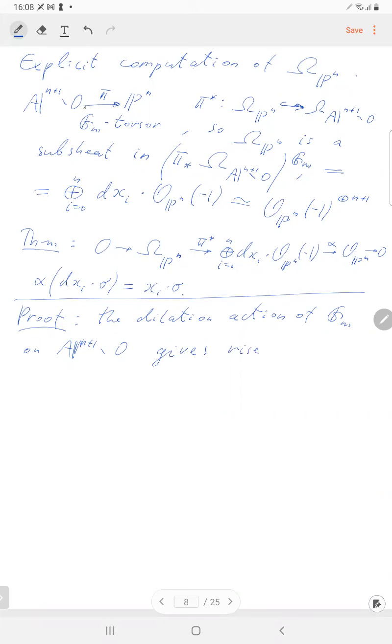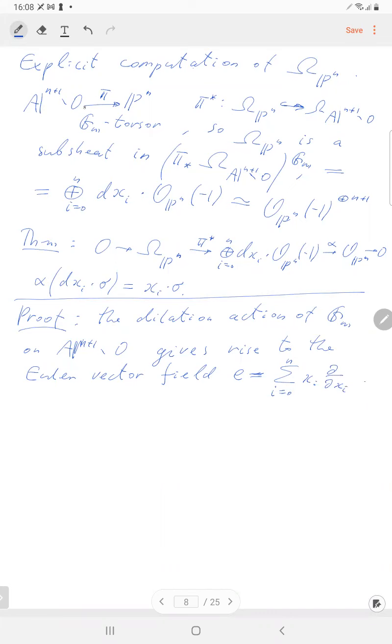It's just one-dimensional, so it's just one vector field, and this is the Euler vector field E, the sum from 0 to n of xi d over dxi, on the punctured affine space.